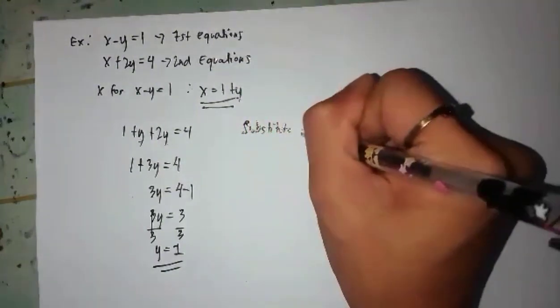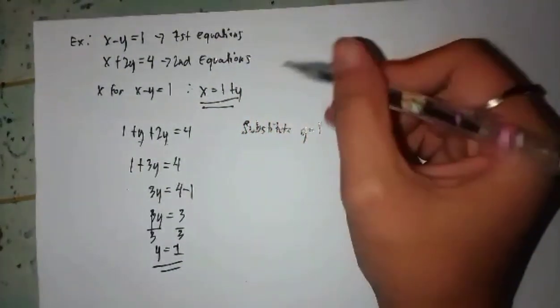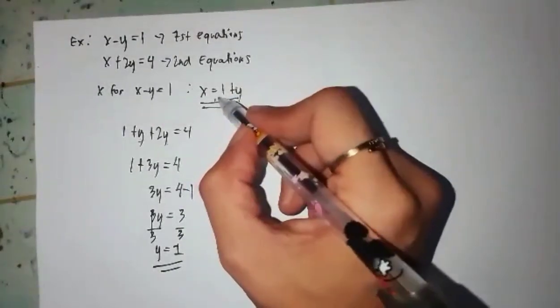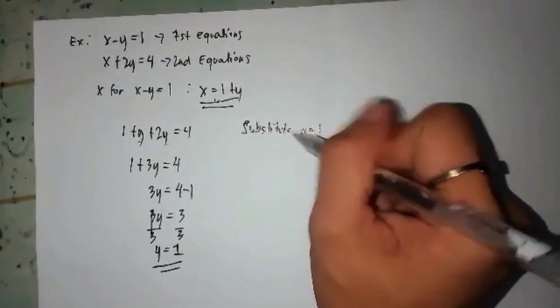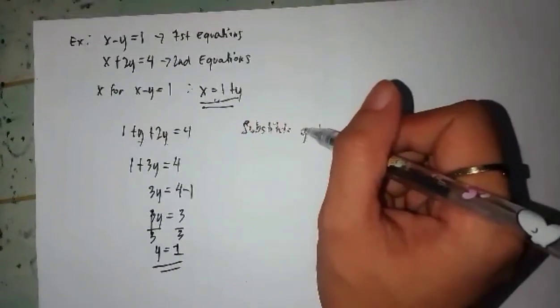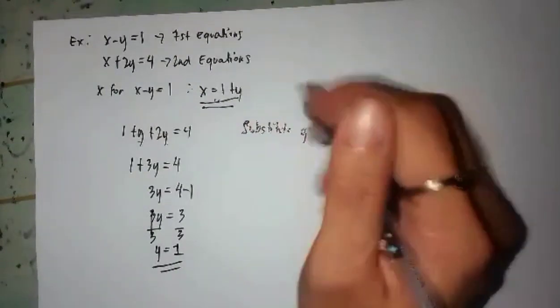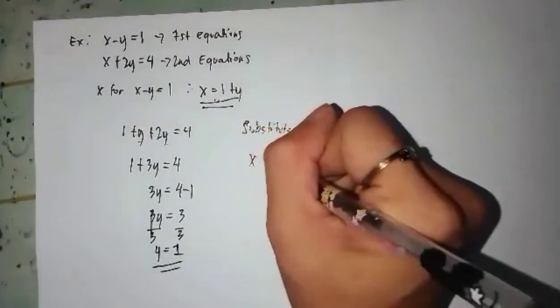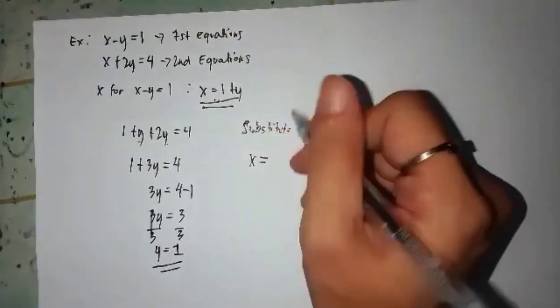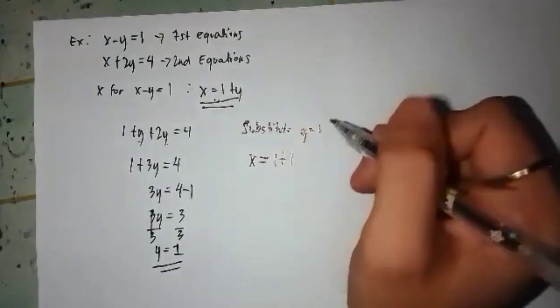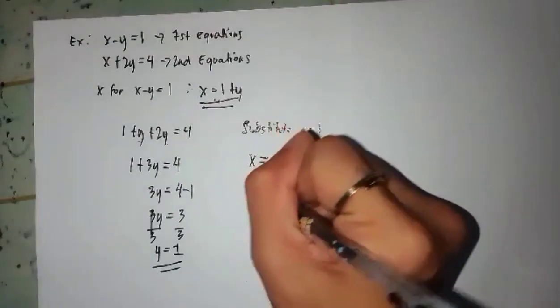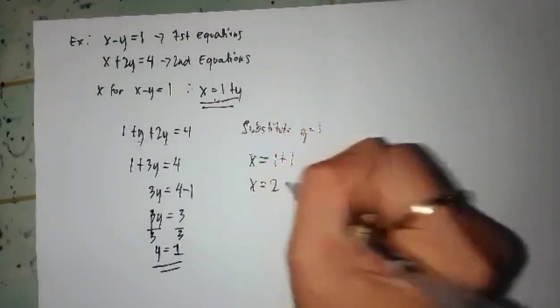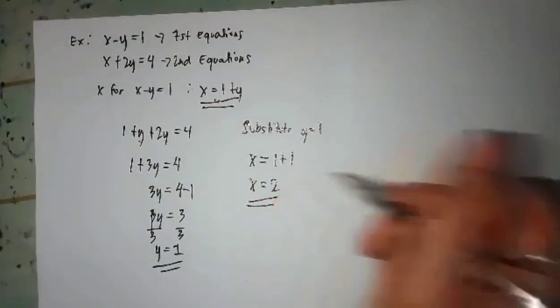Substitute y equals 1 into the earlier x equation: x equals 1 plus 1. Simplify. This will be x equals 2.